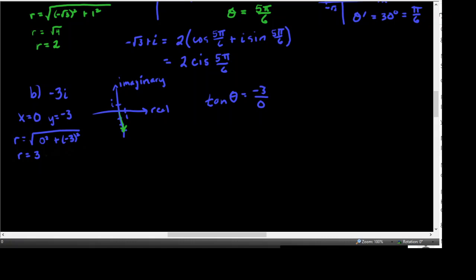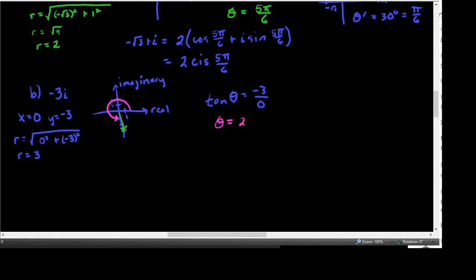Tangent of theta equals y over x works as long as x is not 0. If it is 0, that means that the angle is either pi over 2, which is the same as 90 degrees, or it's 270 degrees, which is the same thing as 3 pi over 2. So I would just look at the picture when it's one of those two scenarios. Just look at the picture and think, okay, what angle is this? And what am I measuring in? That's either 3 pi over 2 or 270 degrees.